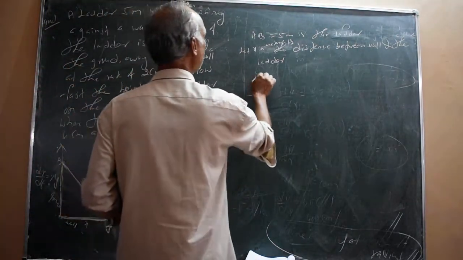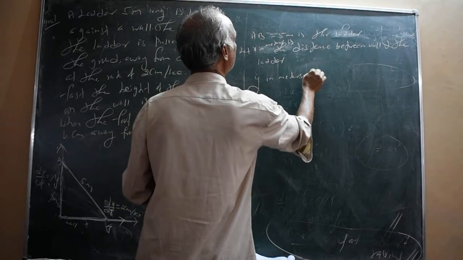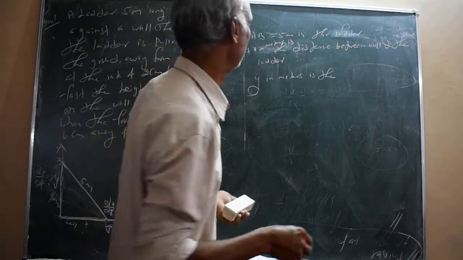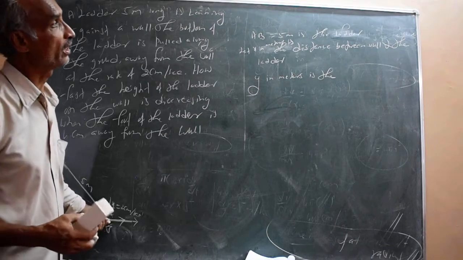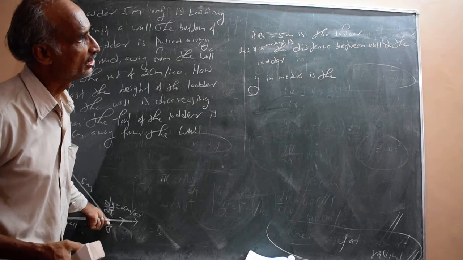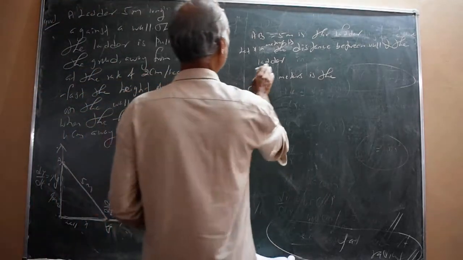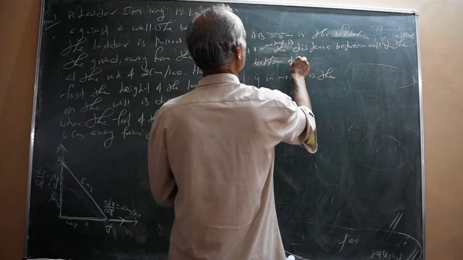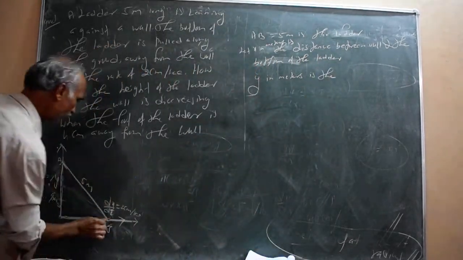Y in meters is the height of the ladder from the ground. X meters is the distance between the wall and the bottom of the ladder. Yes, the bottom of the ladder.